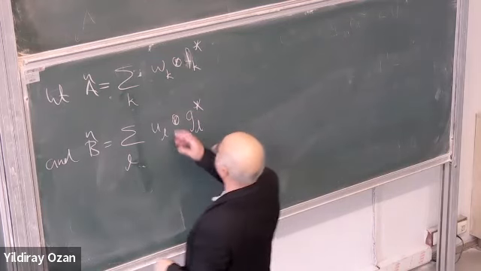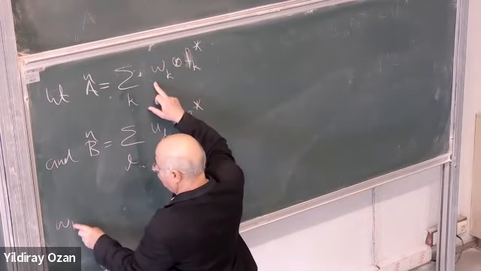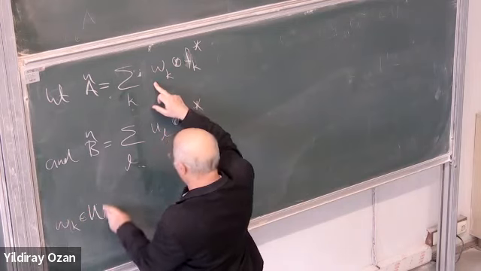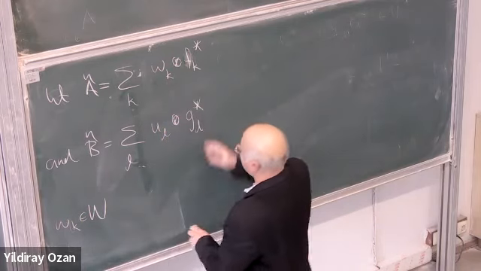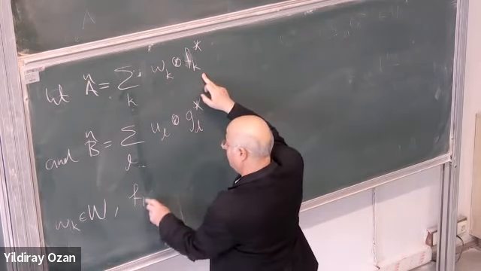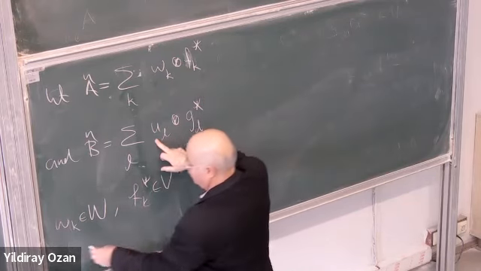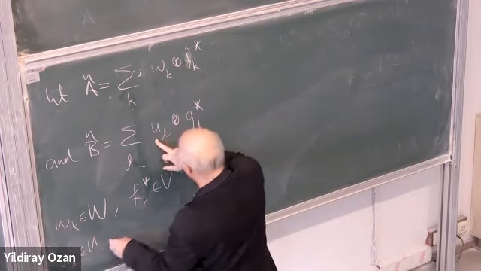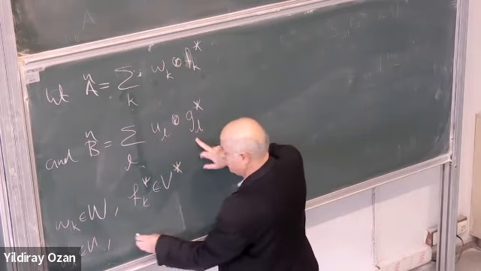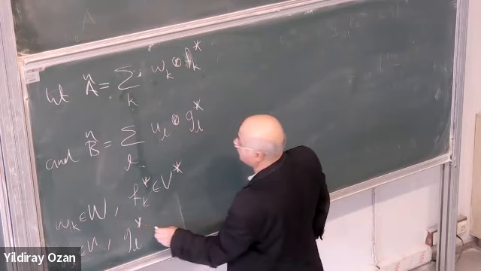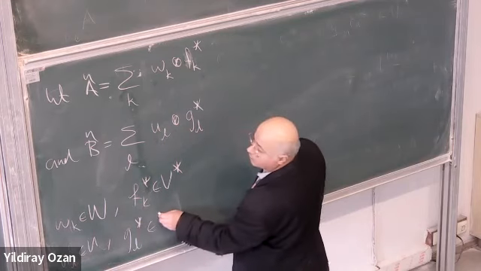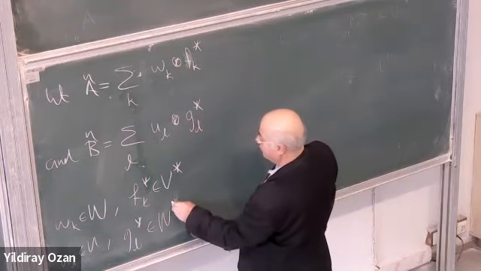Here W Ks are in W, F K star in B star, U Ls are in U, and G L star are in W star.